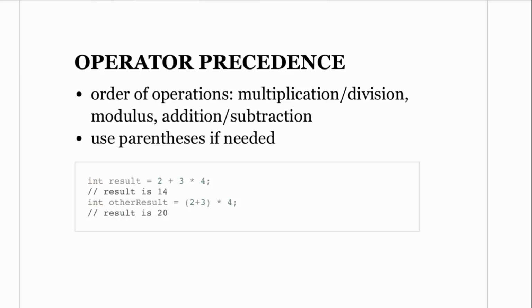If you have 2 plus 3 times 4, the first thing that comes first is multiplication. So 3 times 4 is 12, plus 2 is 14. But let's say you have parentheses here. You're going to do the parentheses first. So 2 plus 3 is 5, and then 5 times 4 is 20. So the answers completely change depending on the precedence. This is probably something you've already seen in the past, just how math works. Just note that it's the same way in programming and in Java.